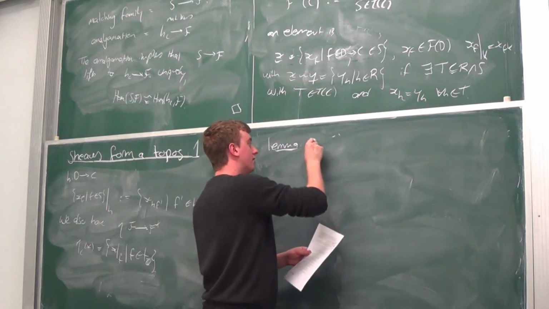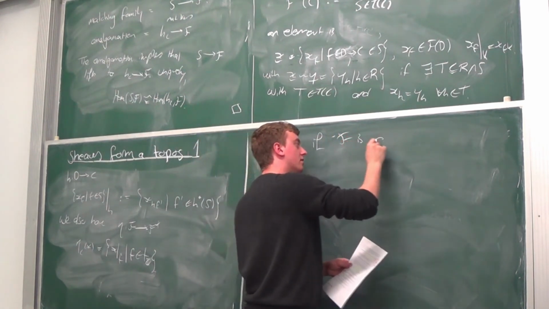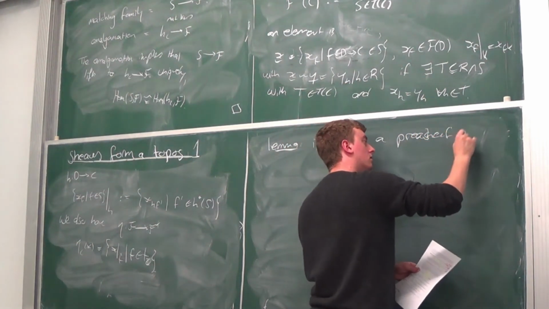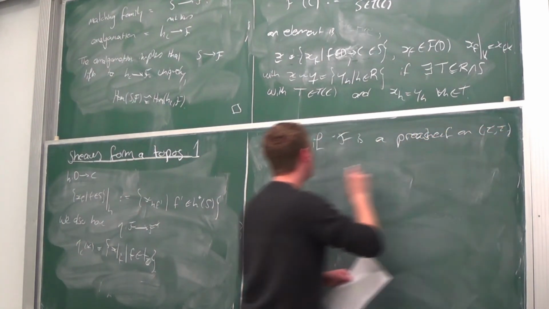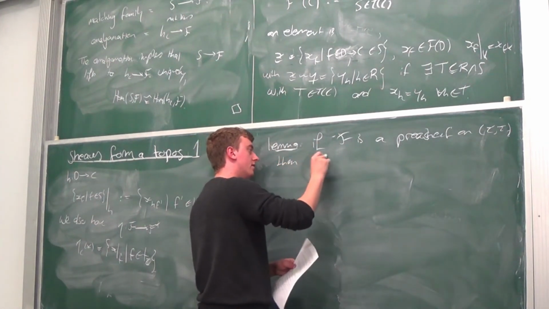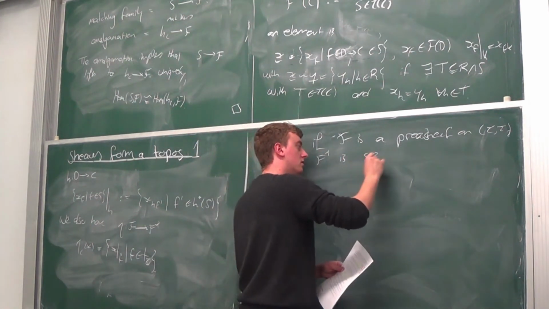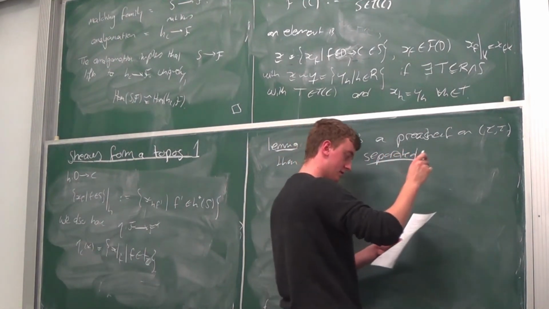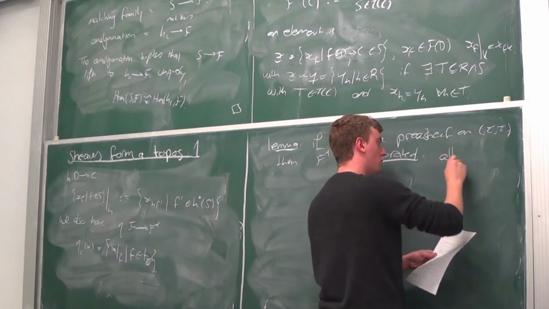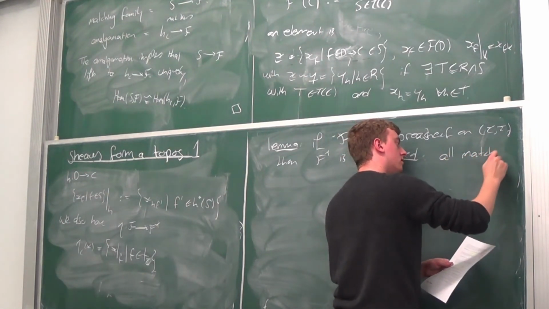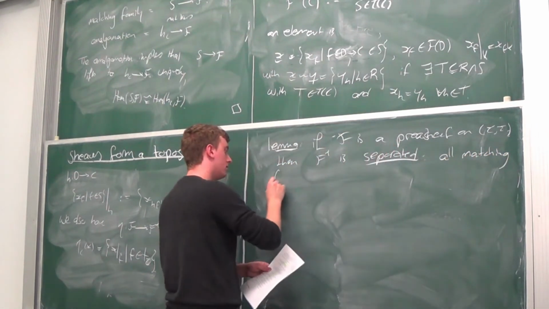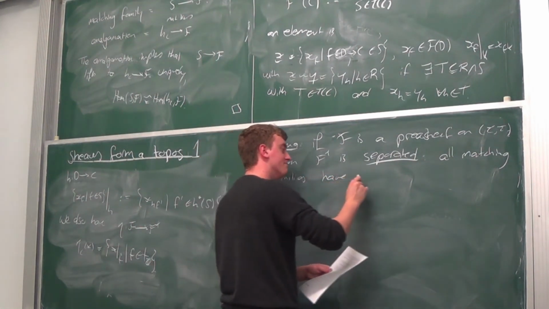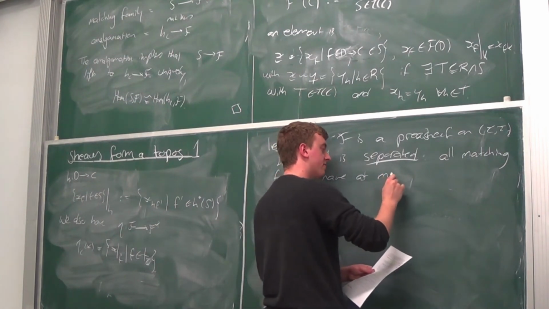So if F is a presheaf on the site, then F plus is separated, i.e. all matching families have at most one amalgamation.